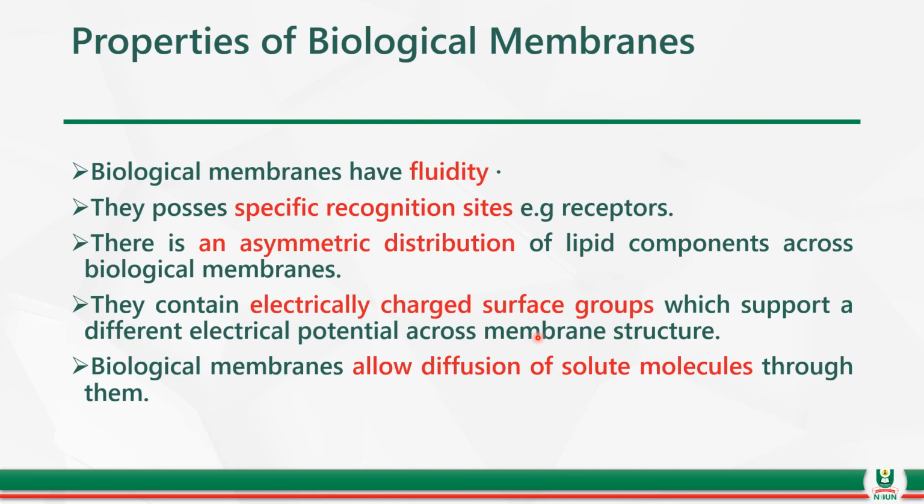And then biological membranes allow diffusion of solute molecules through them. I'm sure you remember when you talked about osmosis and diffusion. It's because membranes allow diffusion of substances through them that, for example, you are hungry, you eat, your food gets digested and it's in your small intestine. The small intestine membrane allows the diffusion of what you have eaten and digested to enter into your blood.